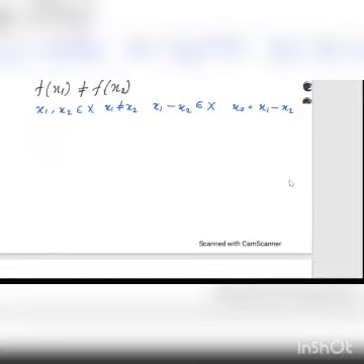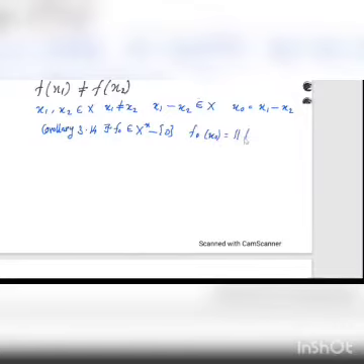Then by the previous corollary 3.14, there exists an f naught belonging to x star minus 0, that means a non-zero functional, such that f naught of x naught is equal to norm of f naught into norm of x naught.